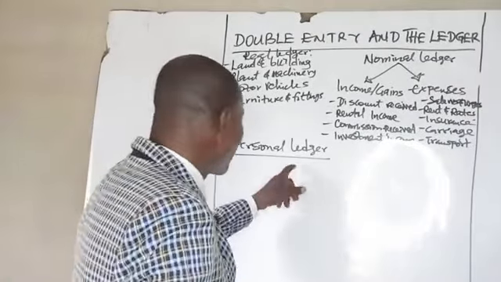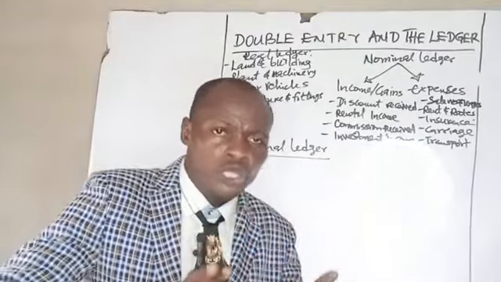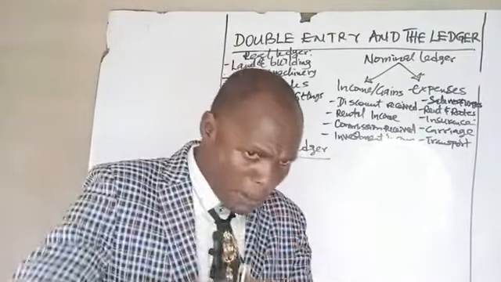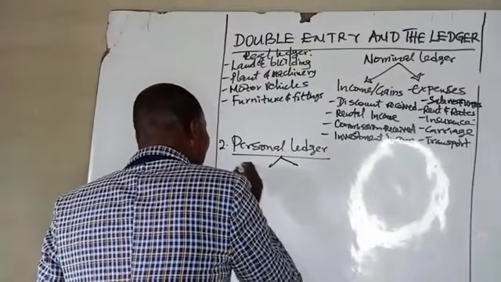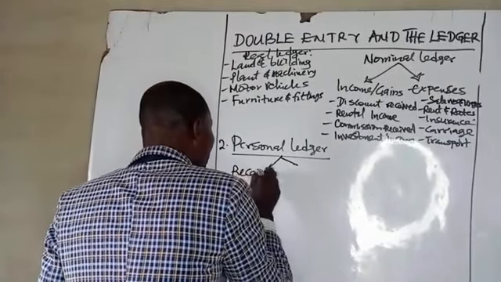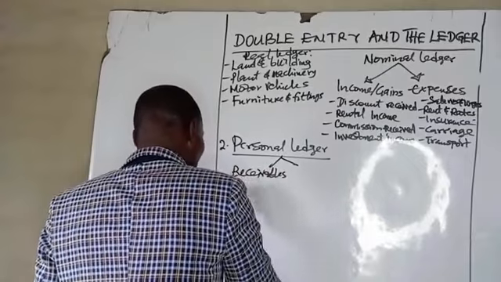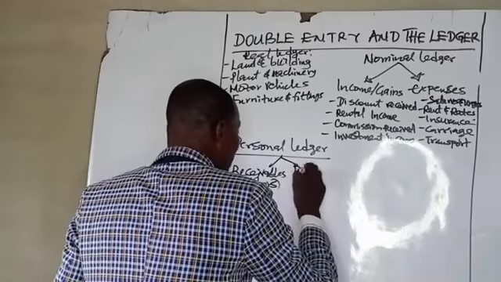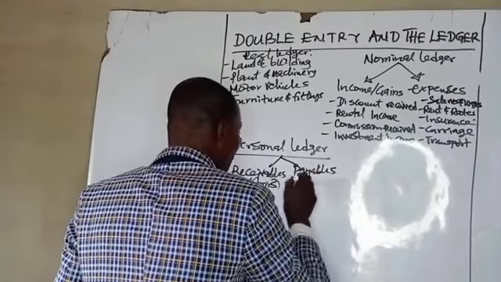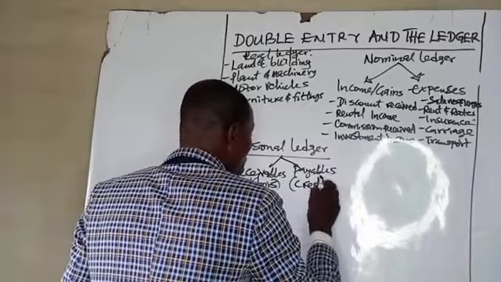It is used for recording the receivables and payables. That means the personal ledger comprises the receivables ledger, that is your debtors ledger, and the payables ledger, that is your creditors ledger.